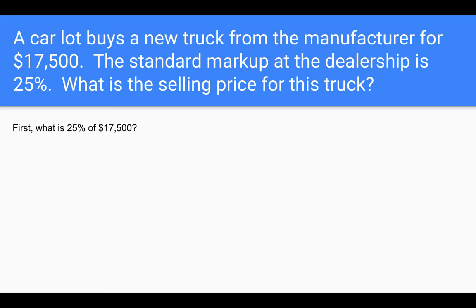The dealership buys the car for $17,500, and they want to add 25% of that onto that amount to make a profit. So to find 25% of $17,500, you use the decimal 0.25 times $17,500.